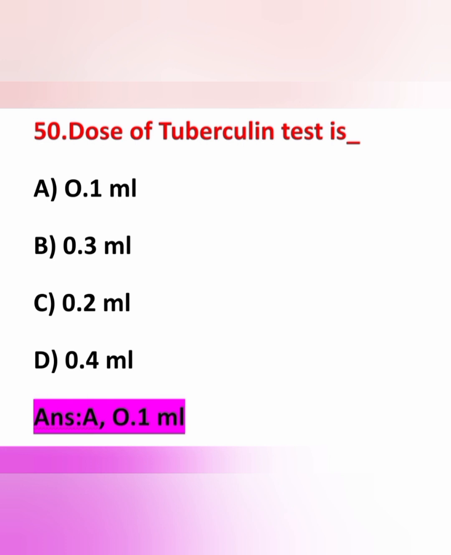Here our question is the dose of the tuberculin test, so the correct answer is 0.1 ml. Option A is the correct answer. And the time needed to read the Mantoux test is 48 to 72 hours. These are all important points. Okay.